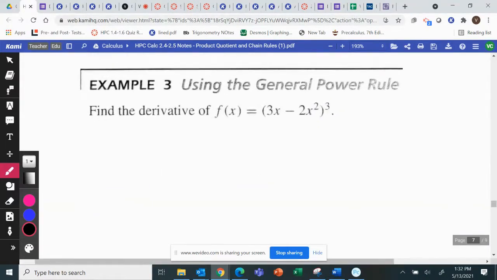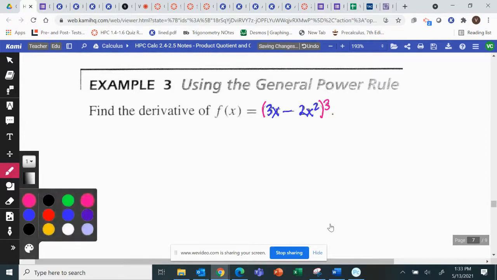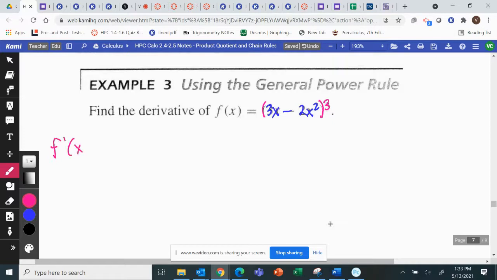So using the general power rule, which is what we just did, my outside is something to the third. My inside is 3x minus 2x squared. So for the derivative, I'm going to start by pulling the 3 in front, 3x minus 2x squared to the second power.